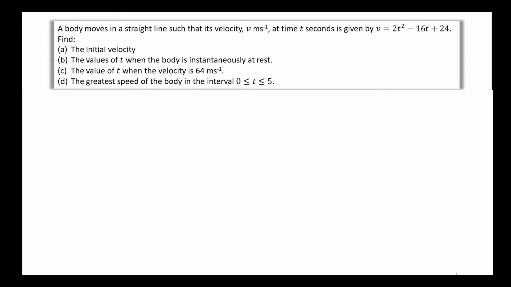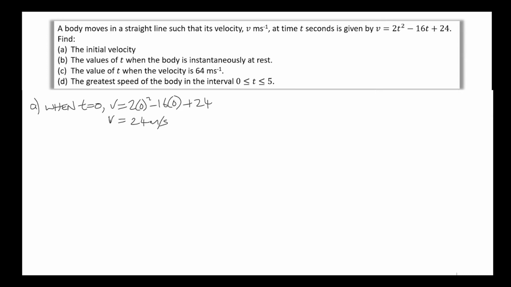So we're going to go ahead and substitute t equals 0 to find that velocity. t equaling 0 on a function is going to be the same as the y-intercept or the vertical intercept. So we should be able to see this by inspection, that velocity equals 24. That's the initial velocity of this body during its journey.